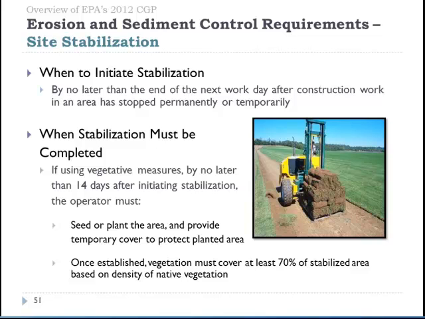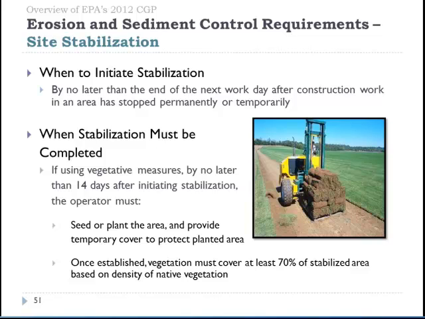Also, we've established when stabilization must be completed, and that is, if you're using vegetative stabilization, by no later than 14 days after initiating stabilization, the operator needs to have seeded or planted the area and provided temporary cover to protect the planted area from erosion. And so within 14 days, those steps need to be taken.